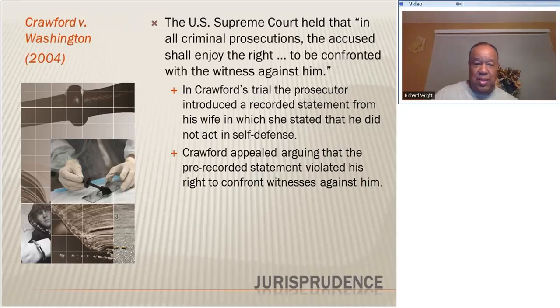Okay, you're not going to go into that Crawford case? Well, I will. The Supreme Court held that in all criminal prosecutions, the accused shall enjoy the right to be confronted with witnesses against him. So in this case, the prosecutor introduced a recorded statement from his wife in which she stated that he did not act in self-defense.